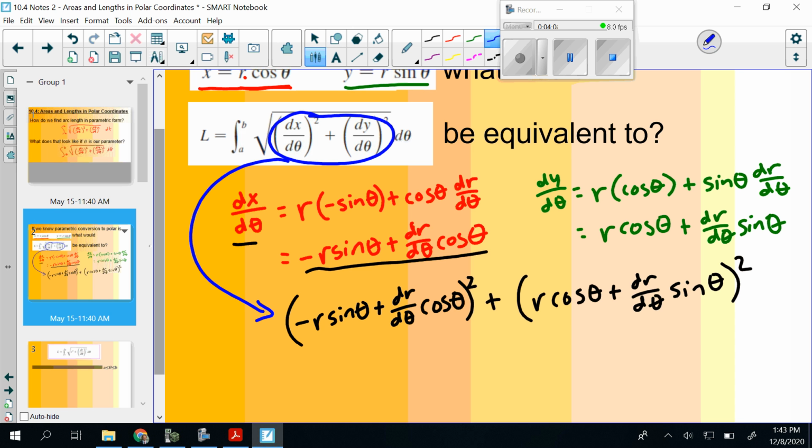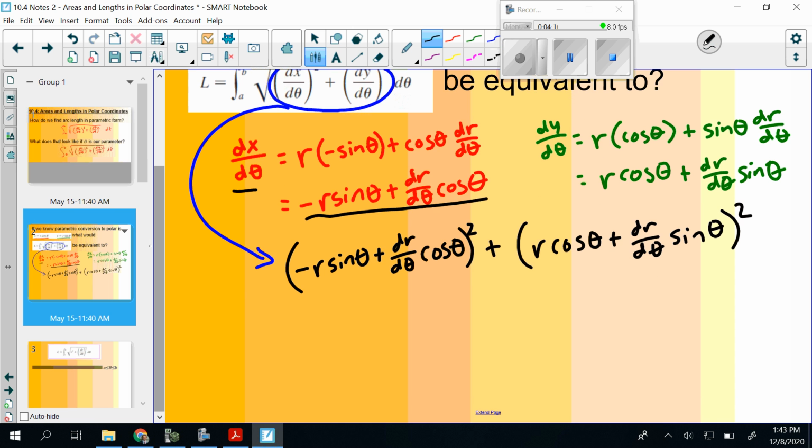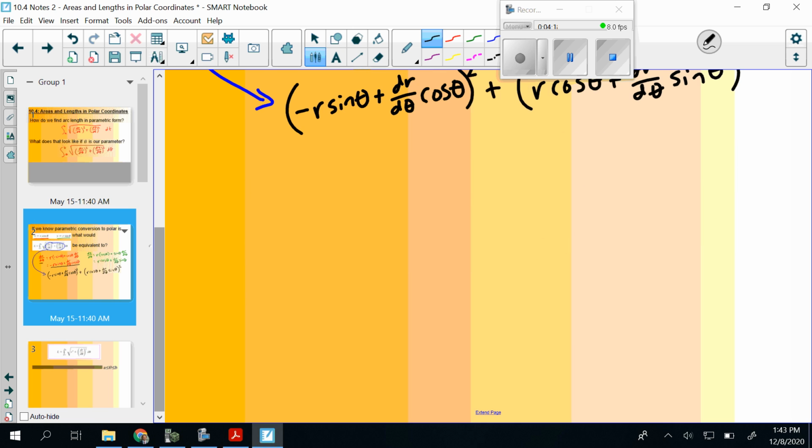All right, so what is this all going to simplify to? Well, what we're going to do is actually multiply two of these out and FOIL them. So what do we get if we FOIL those out or multiply two of them together? If I multiply two negative r sine thetas together, I'm going to get r squared sine squared, and it'd be positive because I'm multiplying two negatives together.